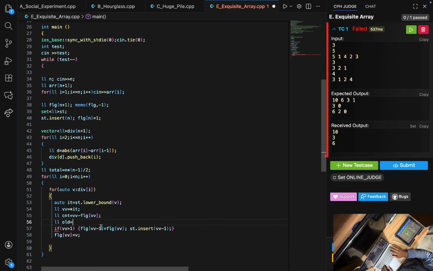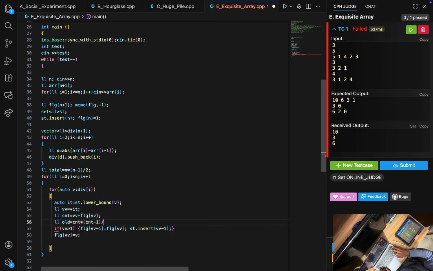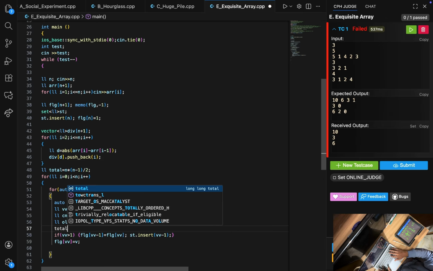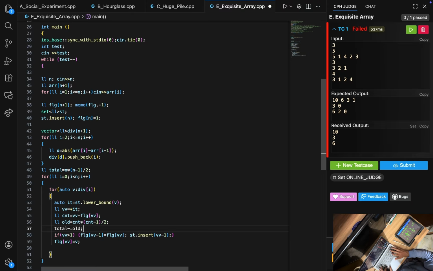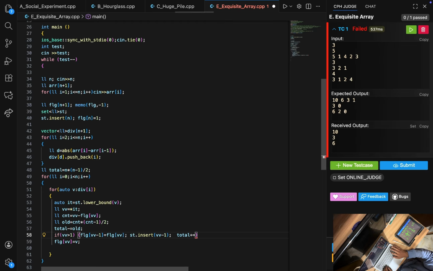Old, the count, into count minus 1 divided by 2. So total minus equals old and plus equals that one.